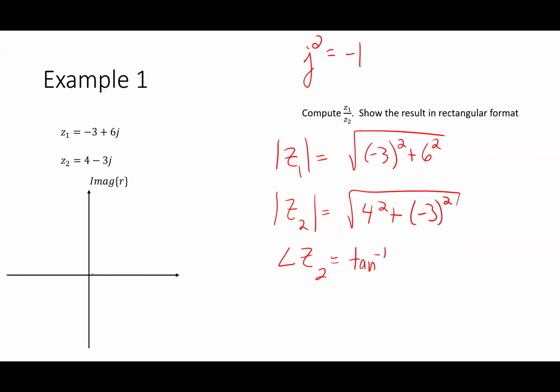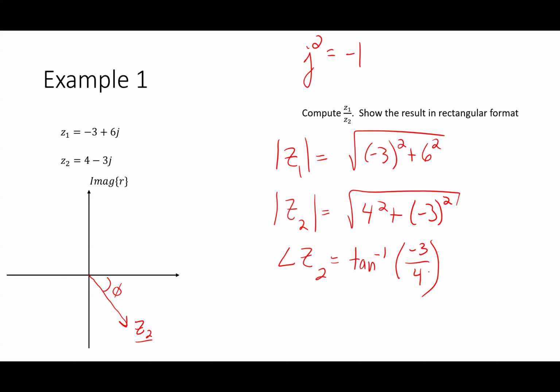Fourth, right? So over 4, down 3. So he's going to be somewhere like this. All right, this is Z2. So the phi I'm talking about is basically there. Okay. All right, so I look at this, it becomes tangent of what over what if I wanted to get that angle. Imaginary over real. So that's negative 3 divided by 4. Right? Because the imaginary part's negative 3. It's not 3, it's negative 3.